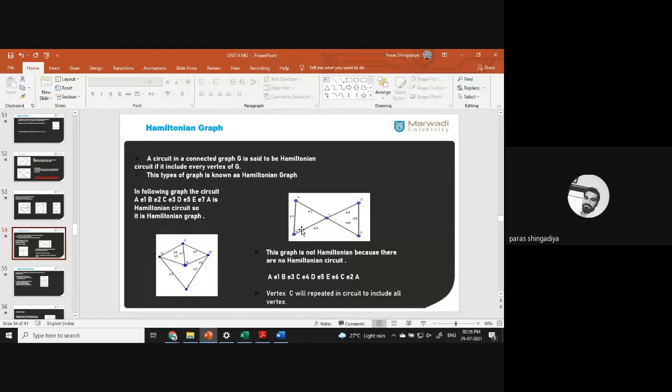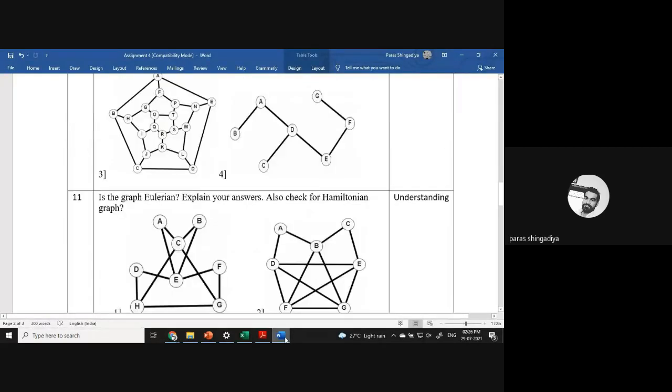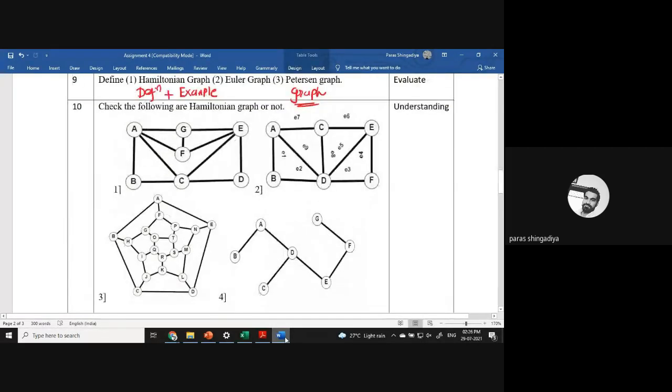Okay, all of you have done it. Question number 9. Is there any confusion? Okay, nice. So now start question number 10. Four graphs are given here, and check which of the following graphs is a Hamiltonian graph.